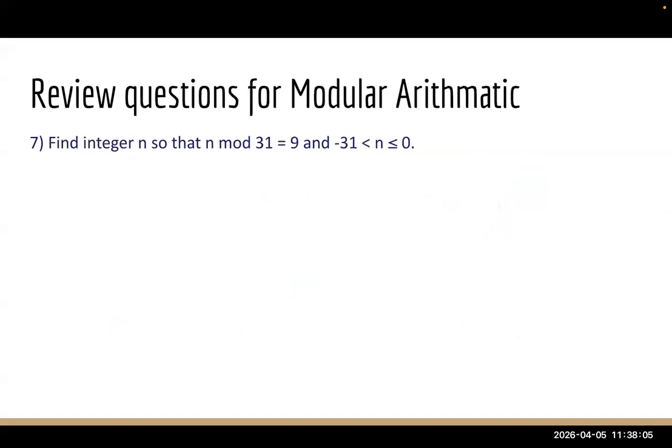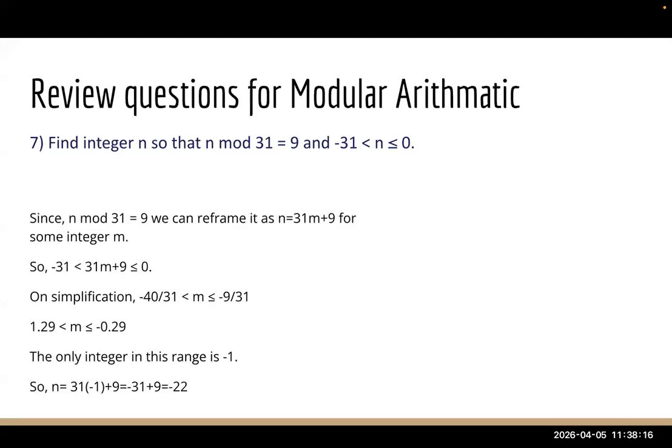Now we need to find an integer n so that n mod 31 equals 9 and negative 31 is less than n, which is less than or equal to 0. So what is the general formula for this? n mod 31 is 9.